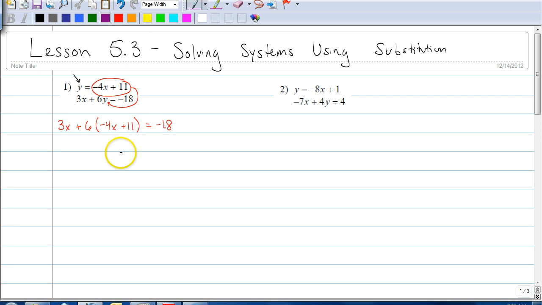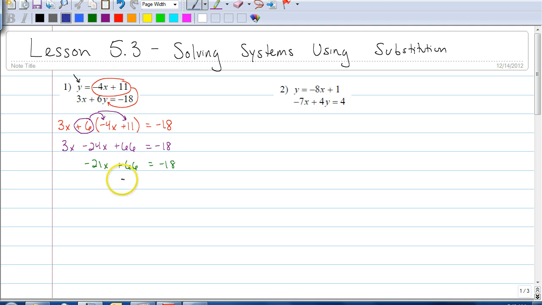So now I'm going to distribute the 6. Now notice the 6 is a positive 6, so I'm going to distribute that 6 to everything in parentheses there. So it would be 3x minus 24x plus 66 equals negative 18. Now when I combine like terms here, 3x minus 24x, well that's negative 21x. And now I want to get the x by itself, because our goal is to figure out what x equals here.